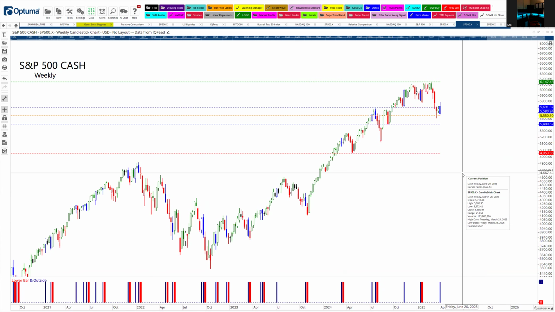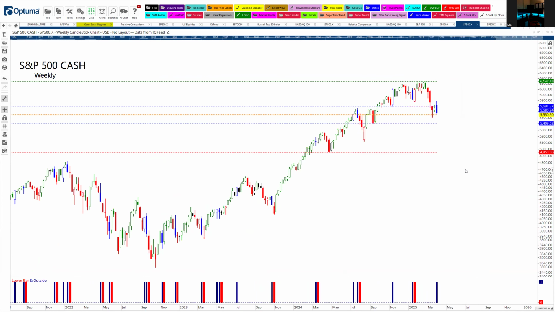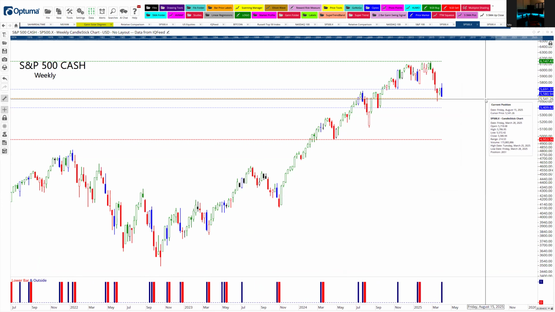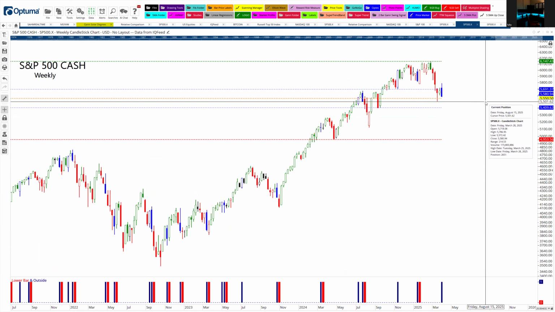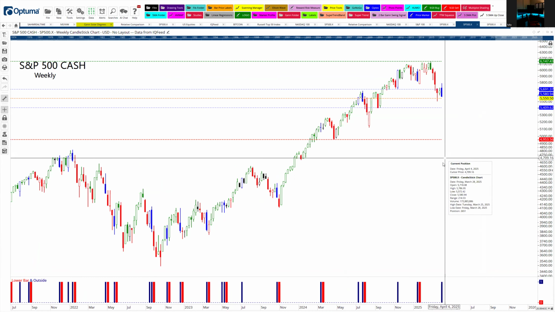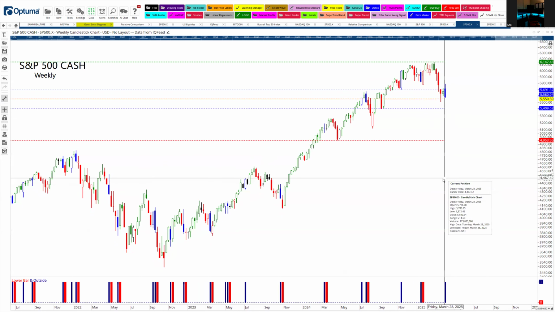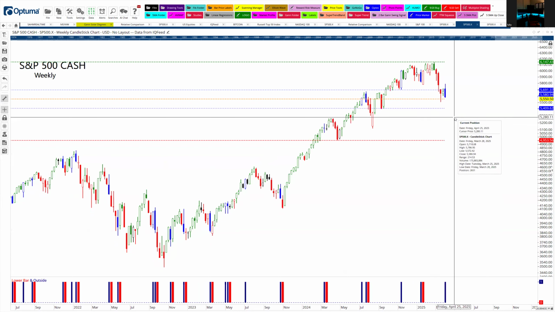What I'm planning to do is set up a butterfly, a bearish one. We can tilt it more to the downside. I was trying to price it out yesterday.